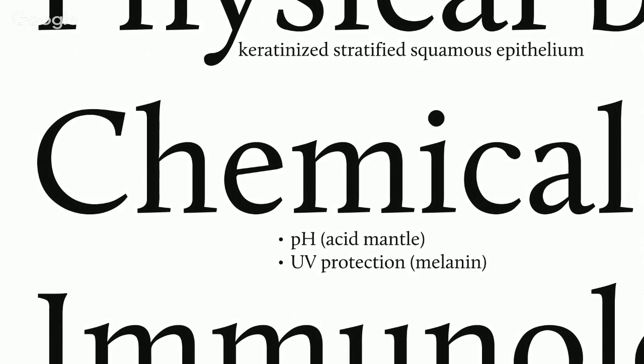Melanin is a pigment protein, and the way pigments work is they absorb certain wavelengths of energy and potentially reflect back others. Okay? So the color of a pigment tells us something about what it absorbs and what it reflects. A red pigment is going to reflect red and absorb other wavelengths of light. Green is going to reflect green and absorb other things.